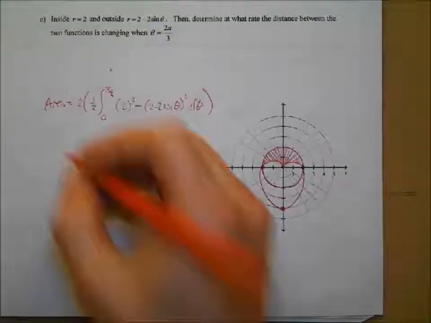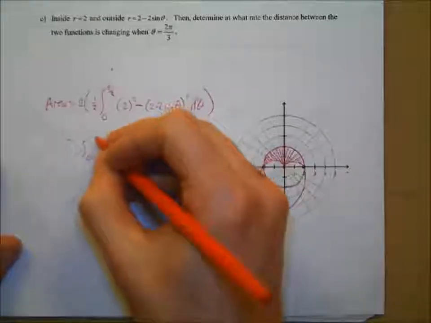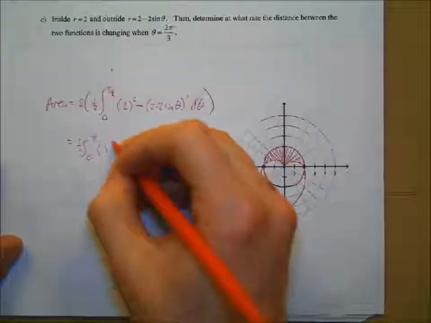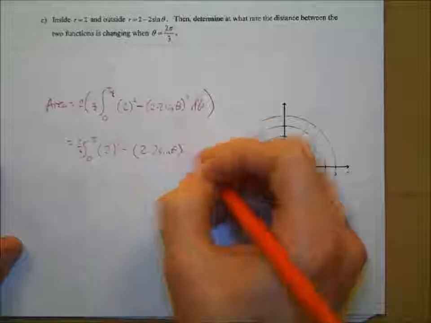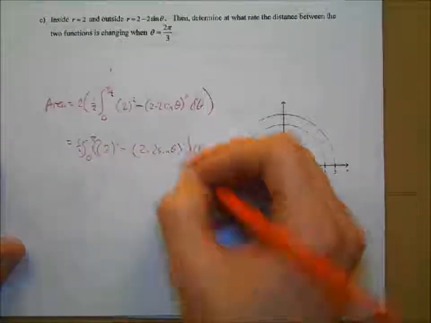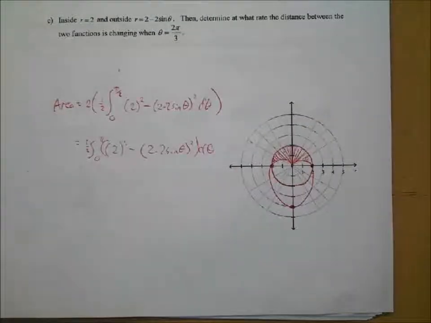For those of you that don't want symmetry, 1/2 integral 0 to pi, still 2 squared minus 2 sine theta squared d theta. Okay, well, we still have to get through C and then D and example 9.